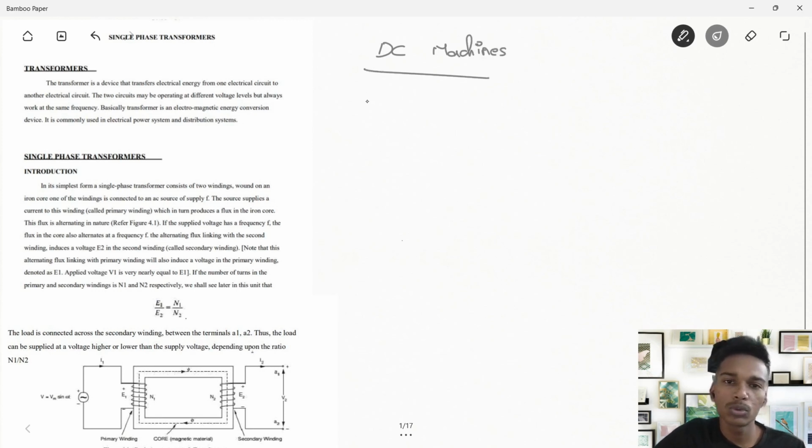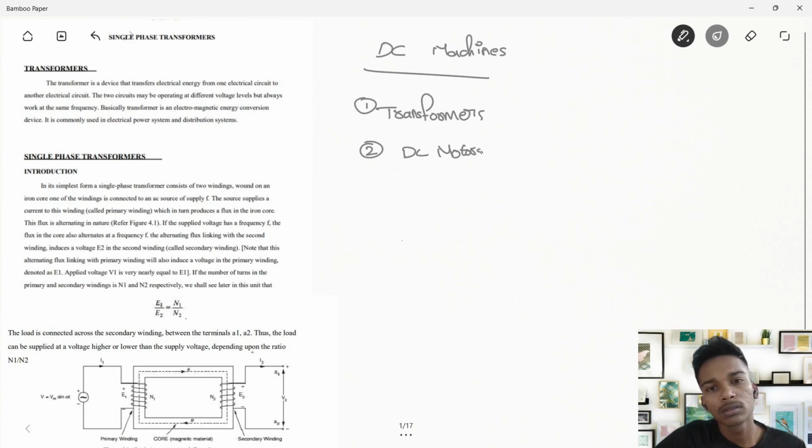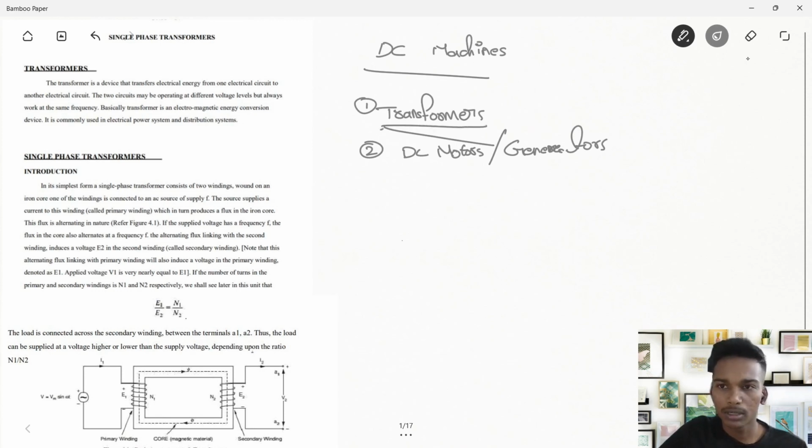In this unit, we have two broad classes: one is transformers, and another is DC motors and generators. We will first concentrate on the transformers part. Then we will go for the DC machines and DC motors part also. First, we will focus on the transformers part now.